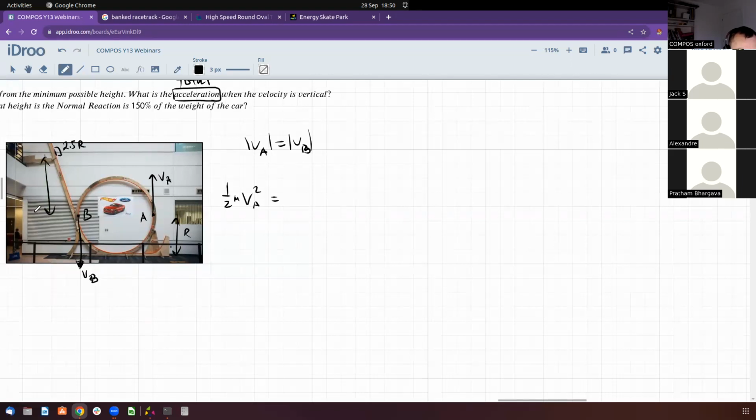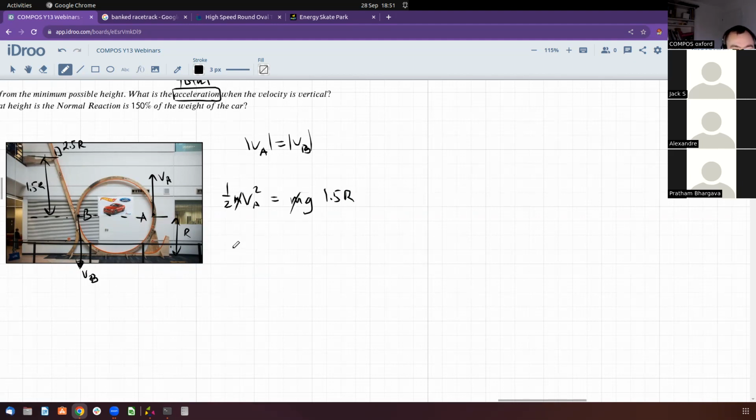You don't need to go through all the trouble, it's basically the same as if it rolled down from 1.5 r. So 1/2 mv_A squared is equal to mg times 1.5 r. I hope that makes sense. We just assume it rolled down; we only need the difference in height.